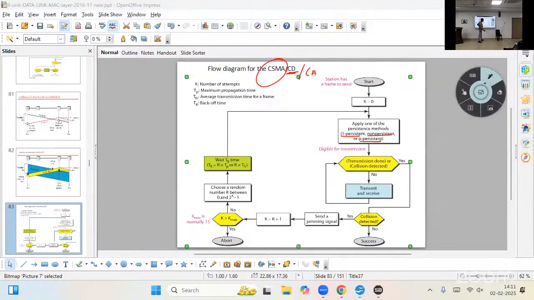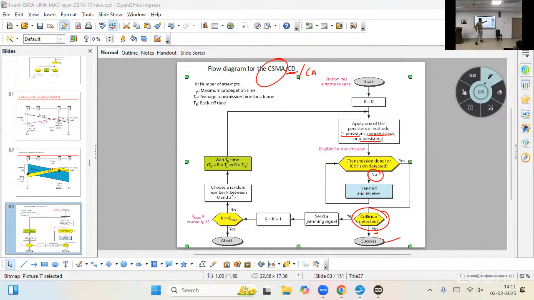If transmission happens and no collision is detected, the frame is transmitted. No collision means it is successfully transmitted. Listen, this will come in the exam.